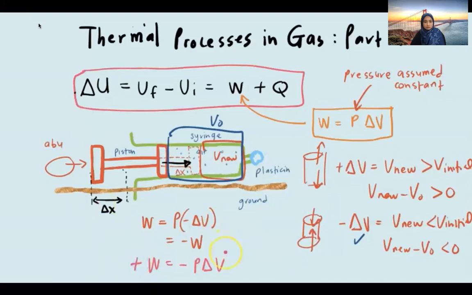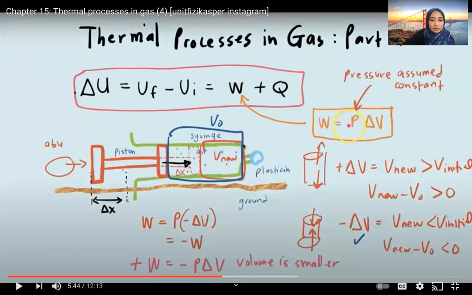Positive W when volume is smaller. Just to add, the volume being smaller means that the gas is compressed, so you are doing positive work.